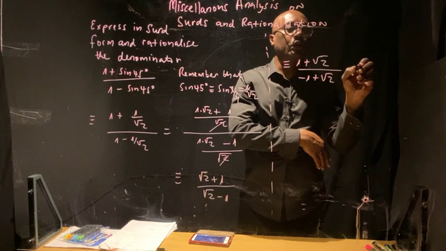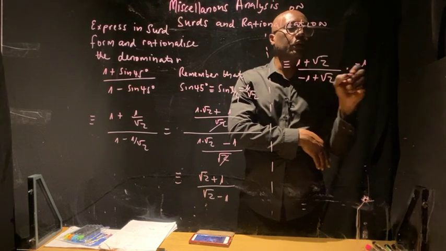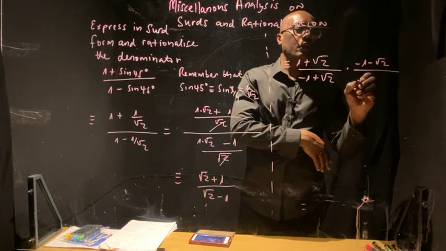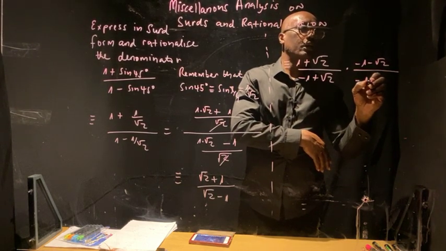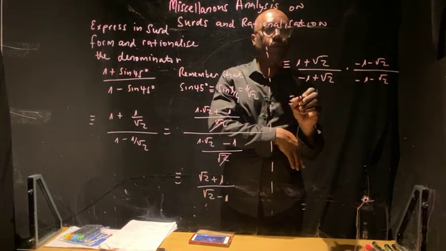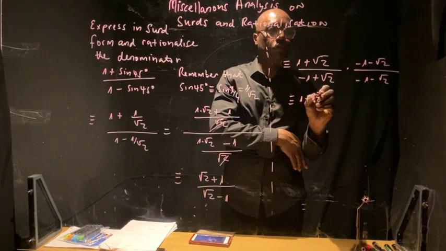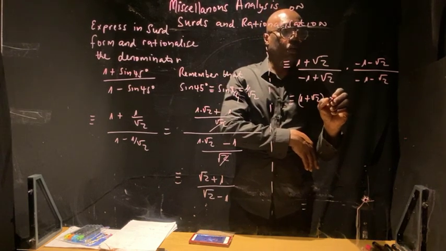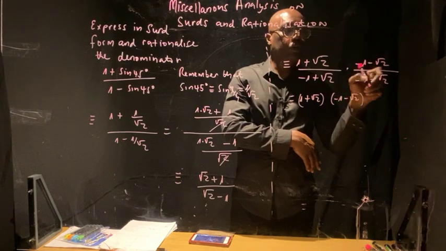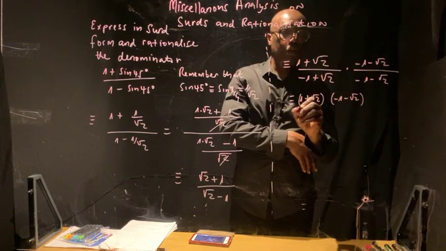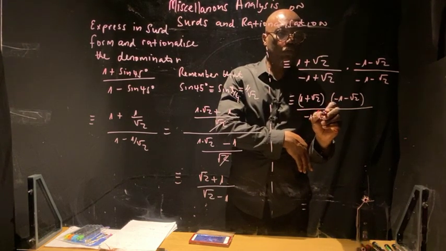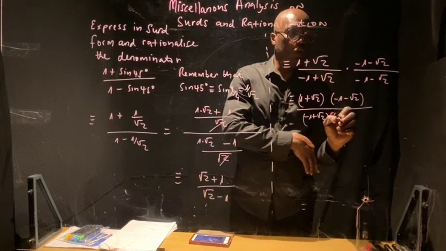So it becomes minus 1, which is this one, plus it becomes negative root 2. So 1 plus root 2 times minus 1 minus root 2, all over minus 1 plus root 2 times minus 1 minus root 2.